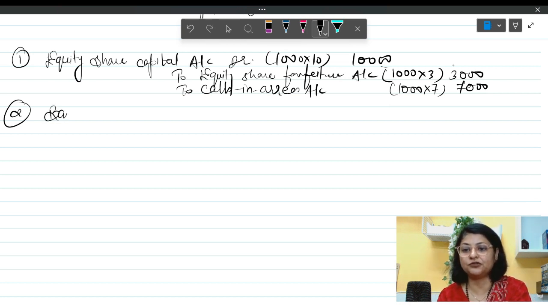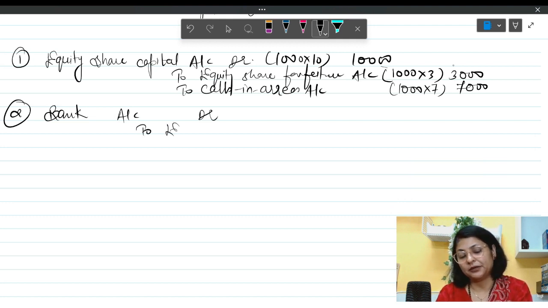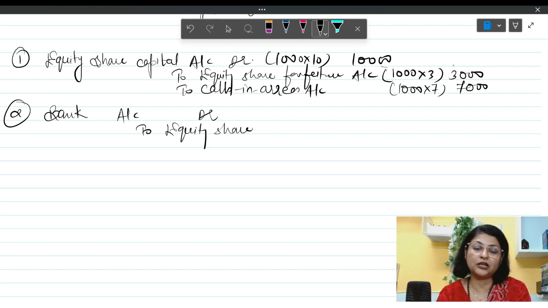So for reissue, the entry which we will pass is bank account debit to equity share capital, and this time one more additional thing is coming. Along with that, we will be writing securities premium, because we have issued the shares at premium.